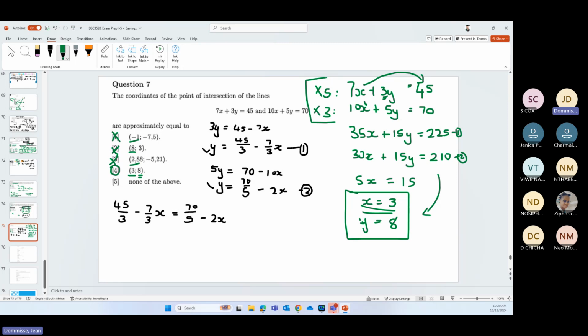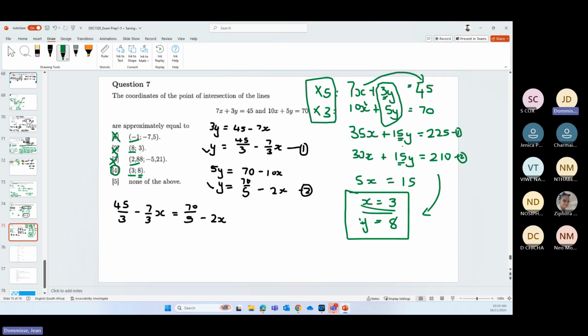So the only reason I used 5 and 3 was because I saw if I multiply the 3y with 5, I get 15, and if I multiply the 5y with 3, I also get 15, so that I can subtract those two.